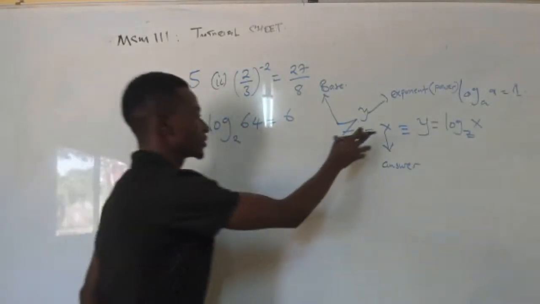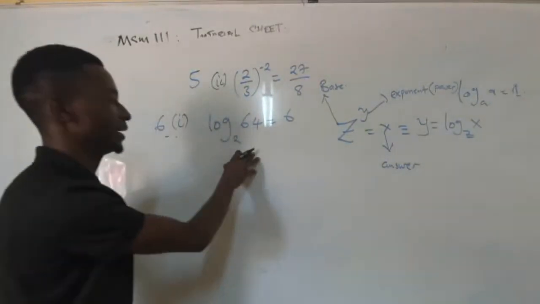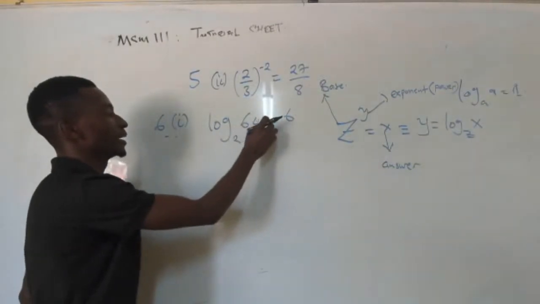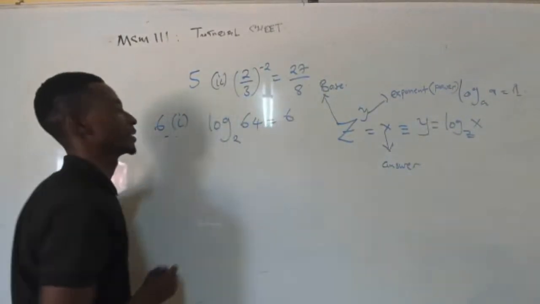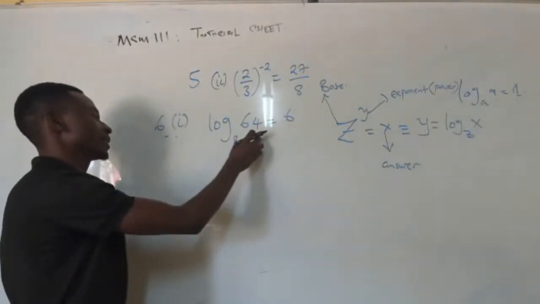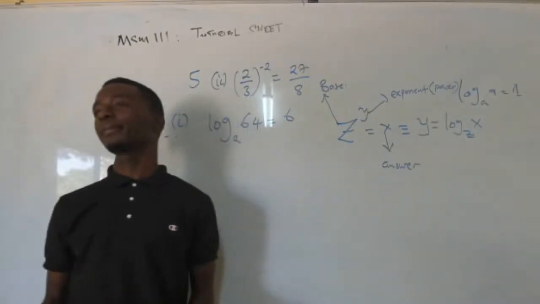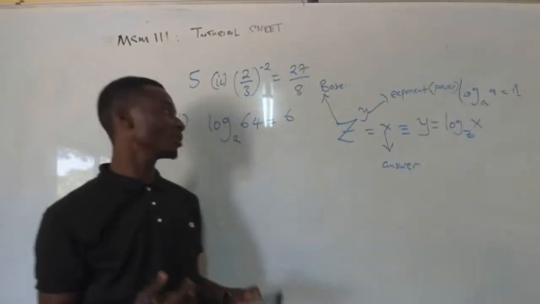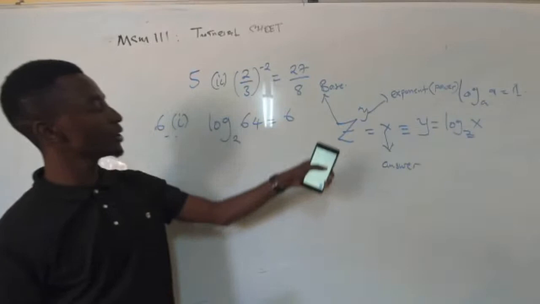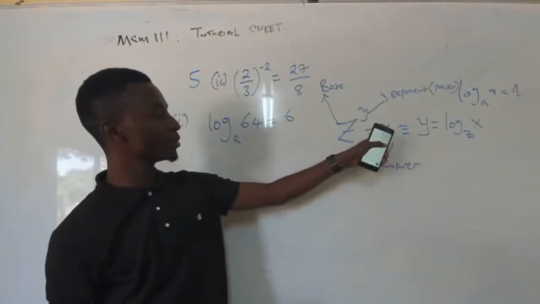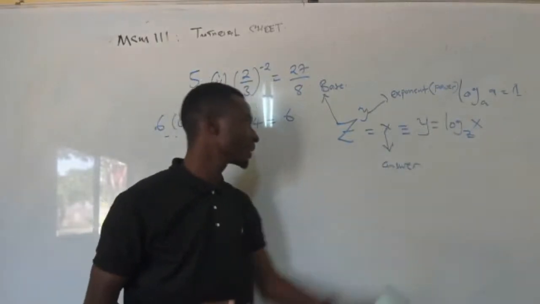So now let's use the same concept even there. We have log 2 of 64 equal to 6. Solving a question like that, what you're supposed to do is to collect data. That's what is important, collecting data. You have to know your z, your y, and your x.